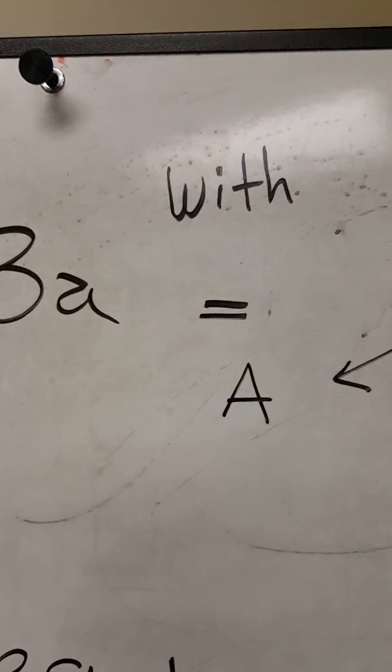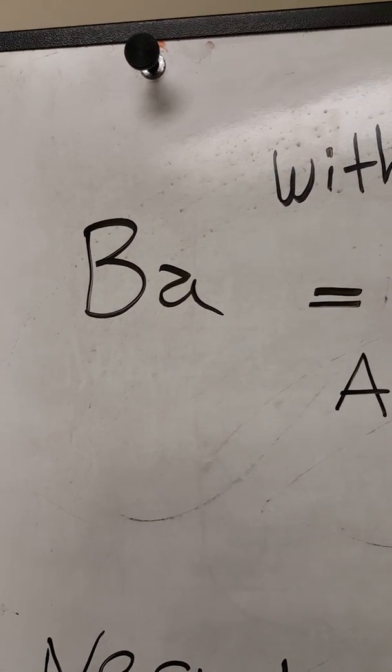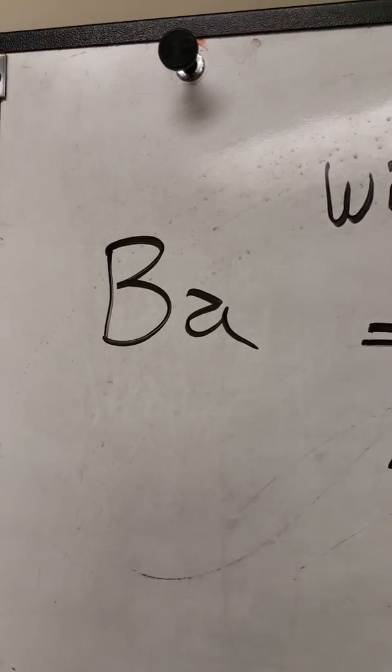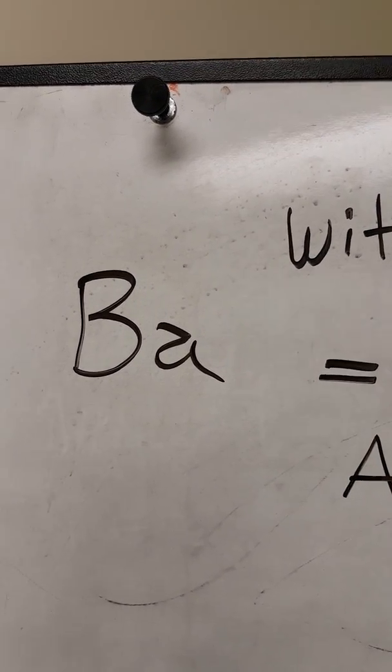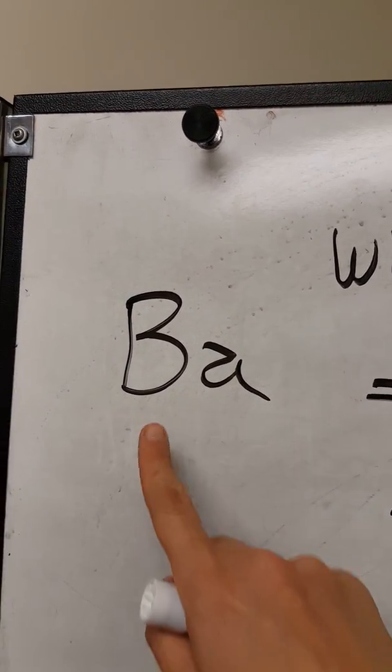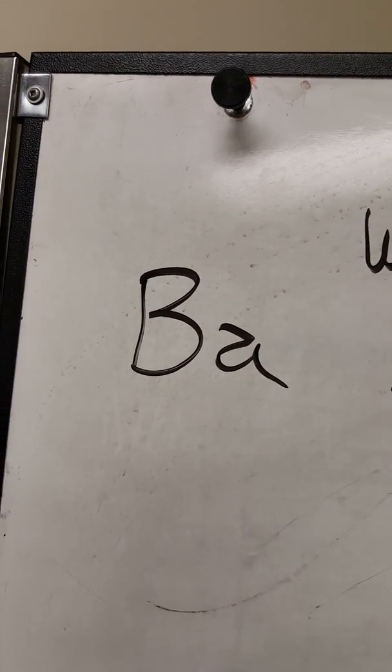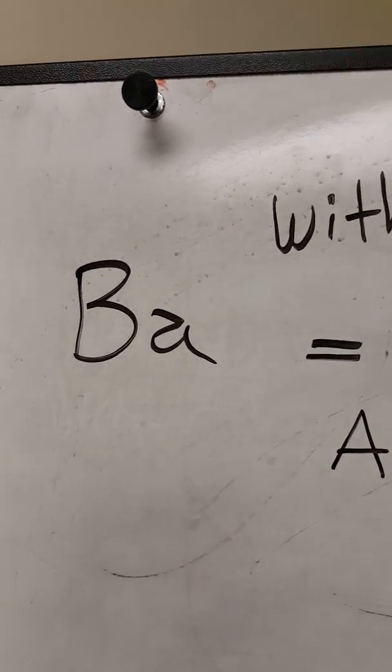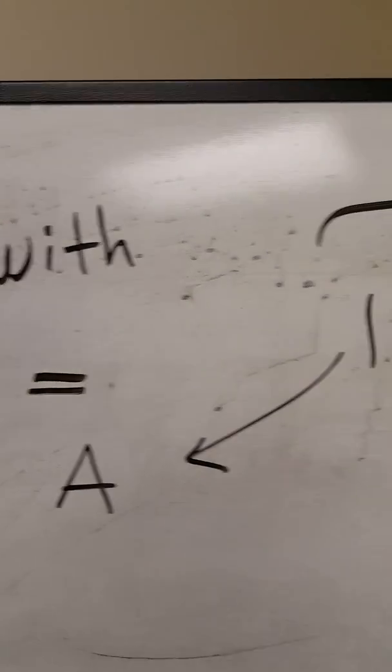And here the rest of the sentence, باز دوباره با. The stress is on letter B, so they don't say ba, they say ba. Again, ba, that means with.